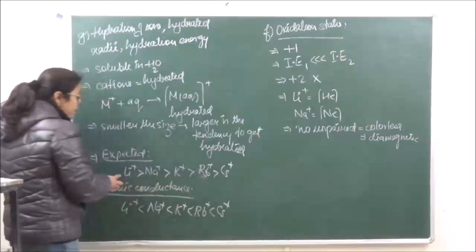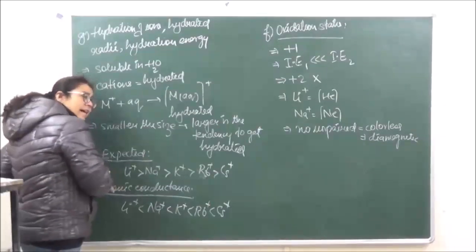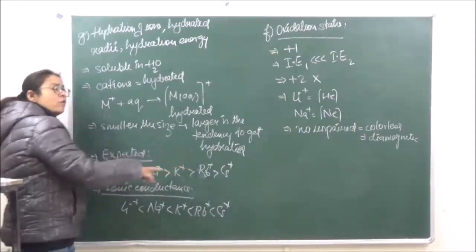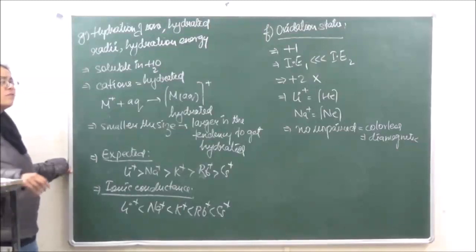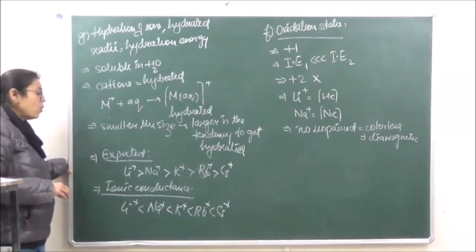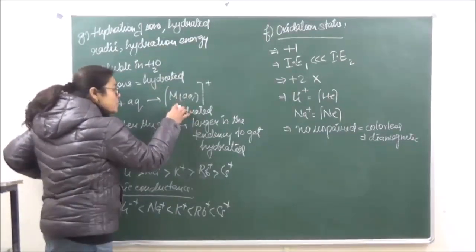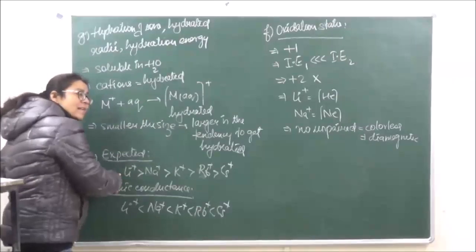Now please do not get confused between the sizes of the cation and the hydrated cation over here. If you are looking at the size of the cation, lithium should have the smallest size and cesium should have the largest size. But in case of the hydrated ion, lithium has the largest size.